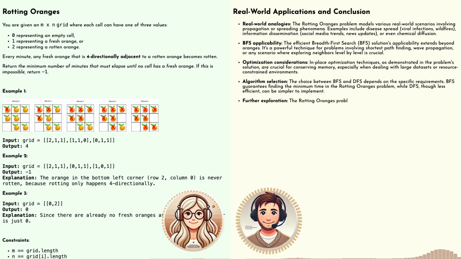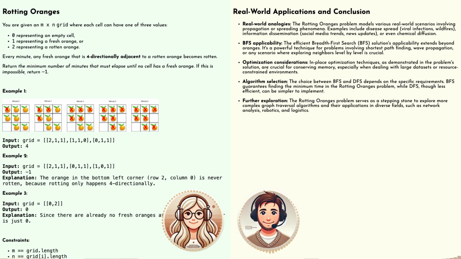That makes sense. We want to find the quickest way for the rot to spread. Exactly. BFS systematically explores the grid level by level, ensuring that we're always considering the shortest paths for the rot to propagate. I'm really starting to appreciate the power of BFS in solving this.